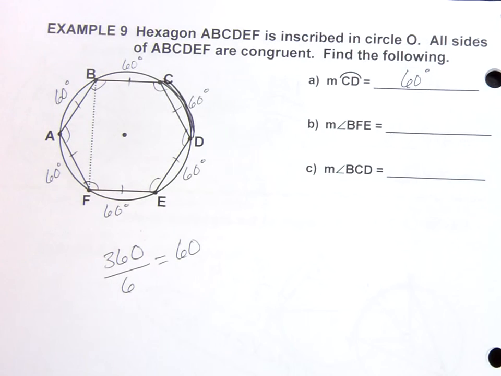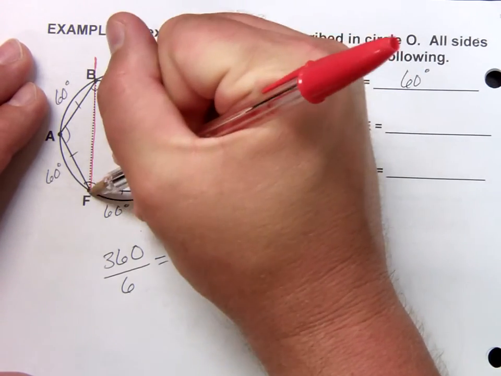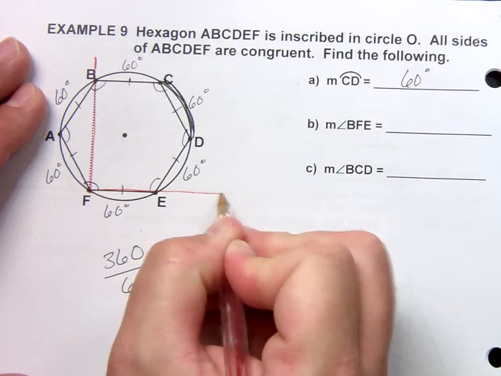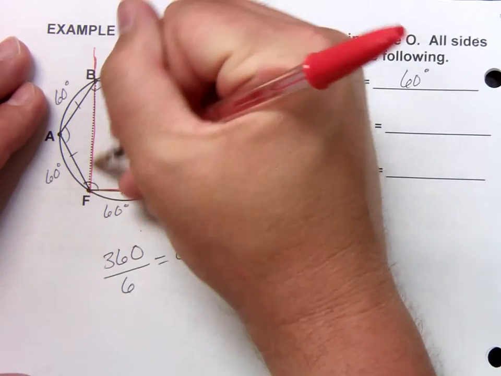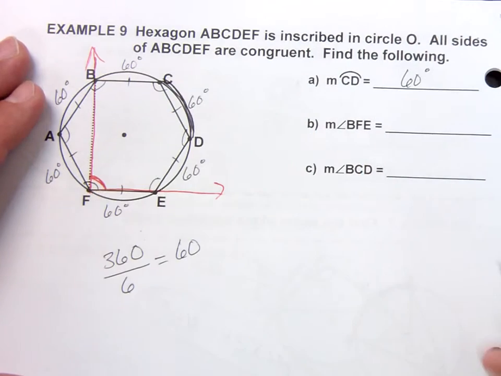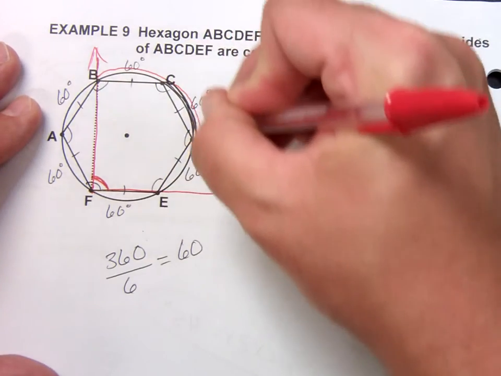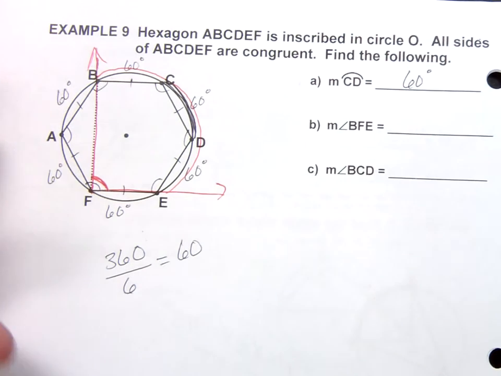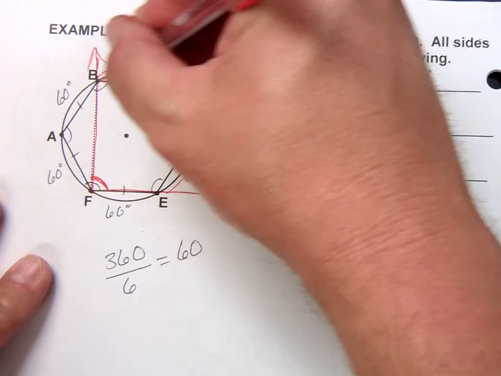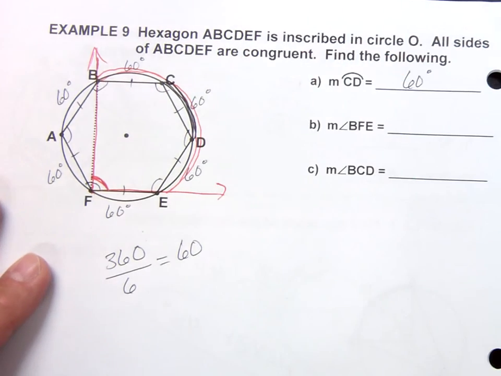All right, we want the measure of angle BFE. There's angle BFE right there. Angle BFE has this intercepted arc. Well, for this arc, there's 60 plus 60 plus 60. 3 times 60 is 180.